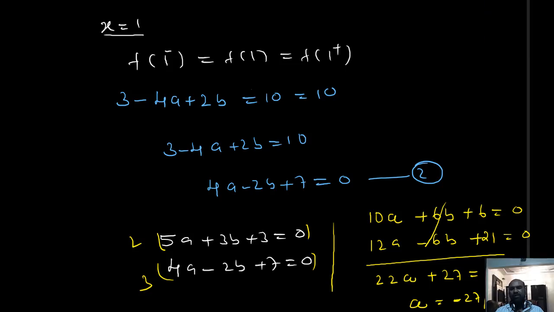Next, we want to find the b value by using any one of the equations. I want to use the simple one, that is the first one: 5a + 3b + 3 = 0. 5 into, just now I got the a value, -27/22, plus 3b plus 3 equal to 0.